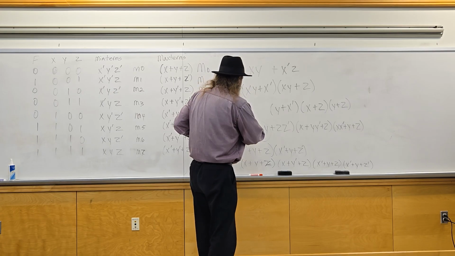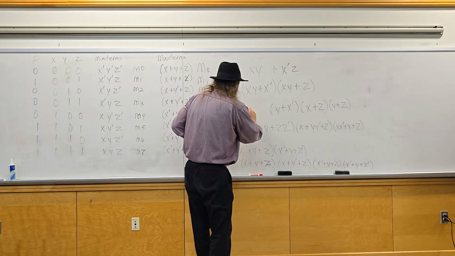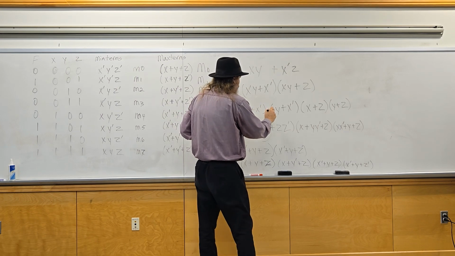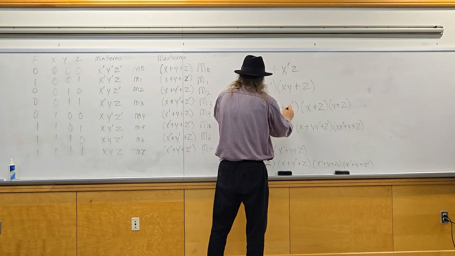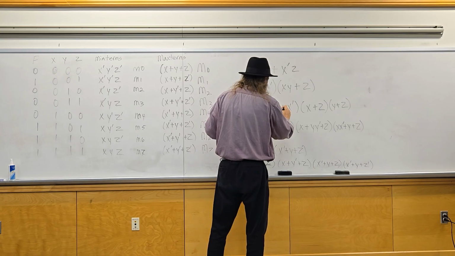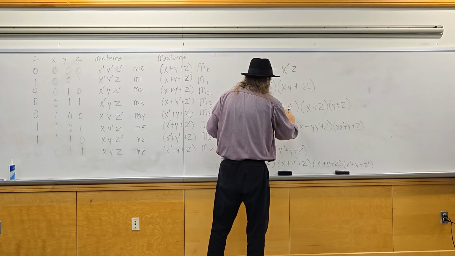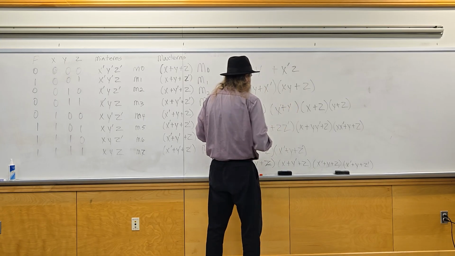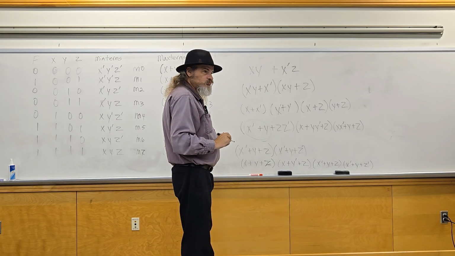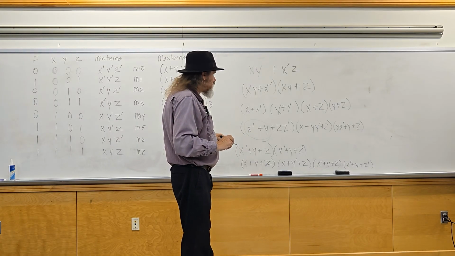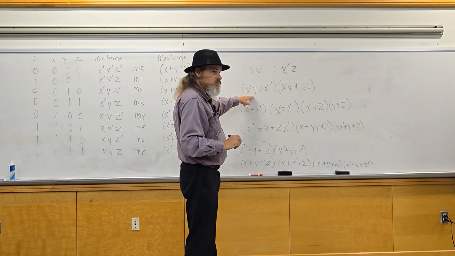It gives you x plus x prime and x prime, but it should be x prime or y. So you just distributed over the two terms right there? Yeah. Okay.